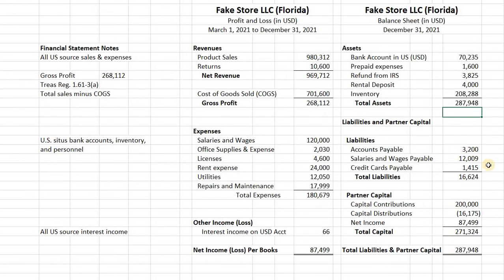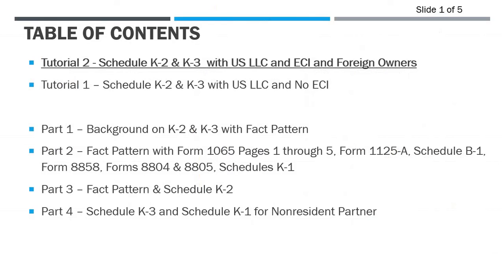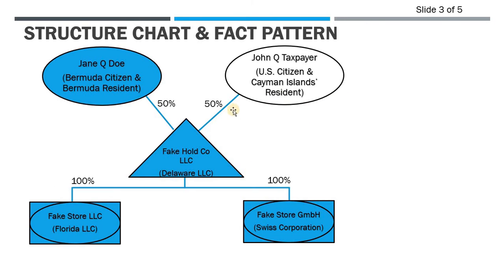And then we've got the liabilities down here: some AP, credit card payables, salaries and wages, and then the capital section. So capital contributions is the amount of cash capital contribution made by the owners to this specific entity. If we think about this conceptually, what happened is these two partners put in a little over $400,000 into this entity, and then they pushed the capital down to each one of them in $200,000 apiece.